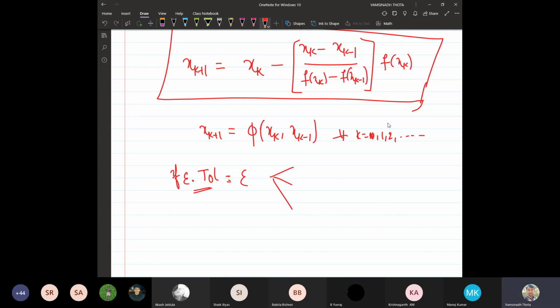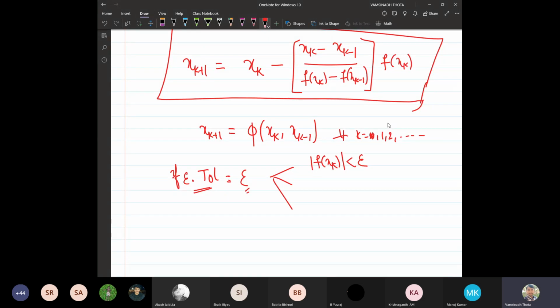That is, if the modulus of f(x_k) is less than epsilon, then stop it. This can be one stopping criterion.